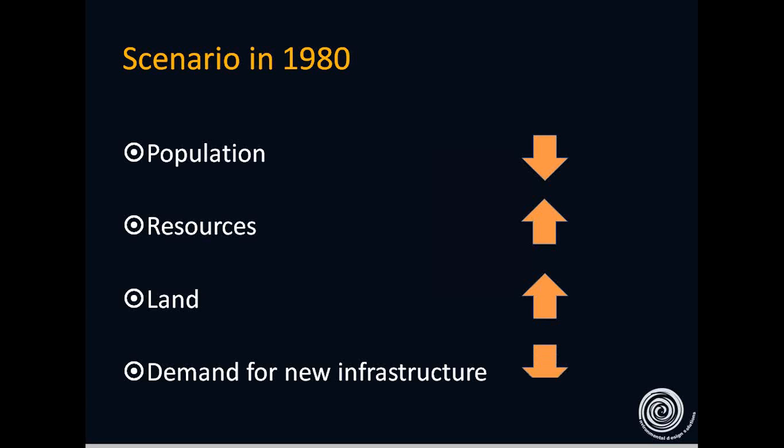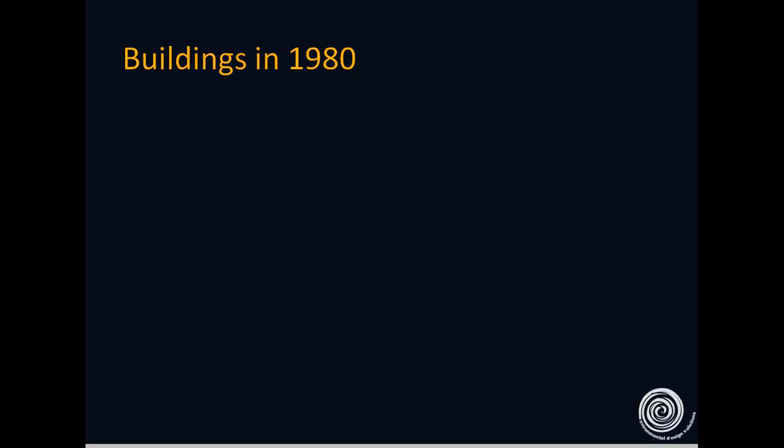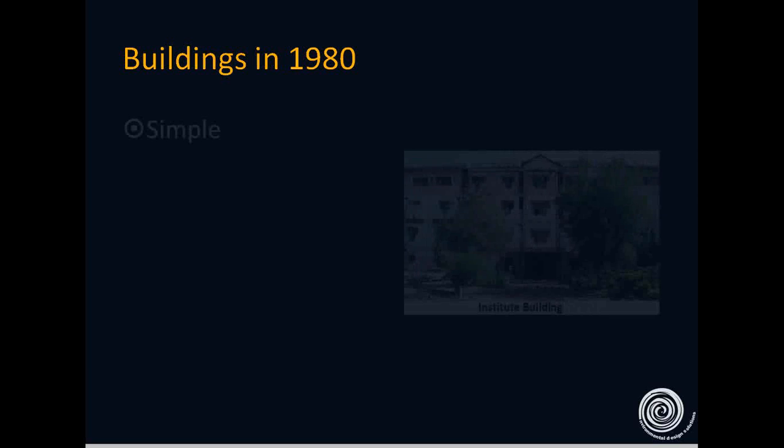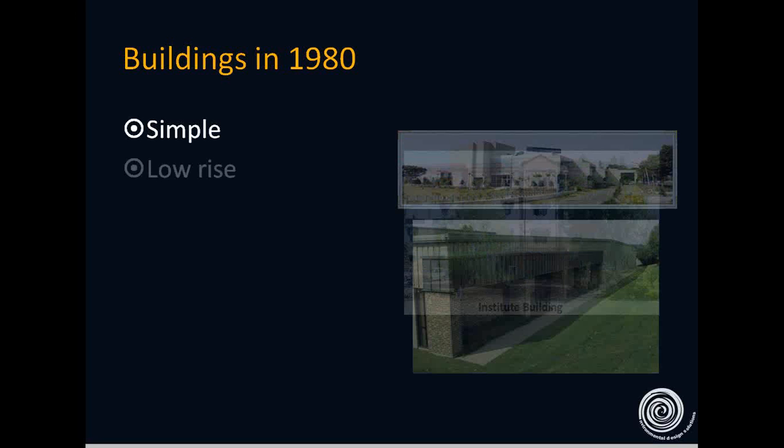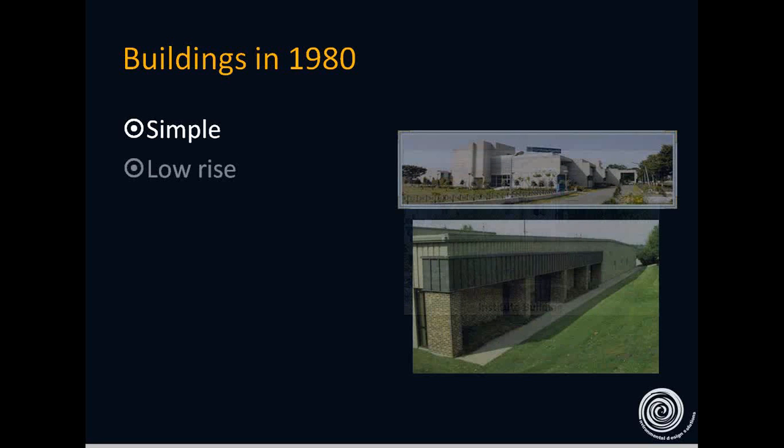As a result of the above factor, the buildings and the building design in 1980 was very simple. Most of the buildings were low-rise, they were less complicated, and building services were also limited to electrical, plumbing, structure, and HVAC.